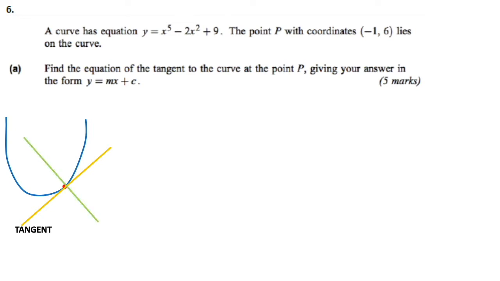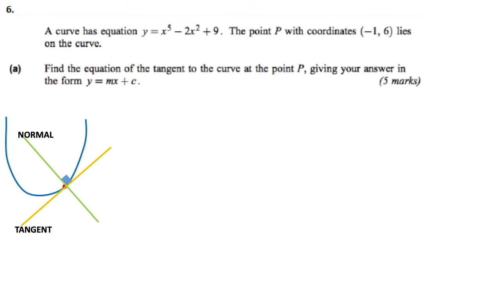Just for extra information, a line perpendicular to the tangent going through the same point we call the normal to the curve at that particular point. Now this question isn't asking about the normal, it is asking about the tangent.